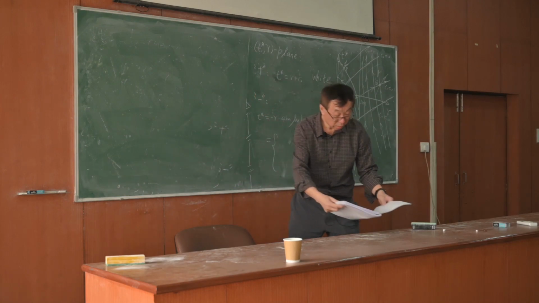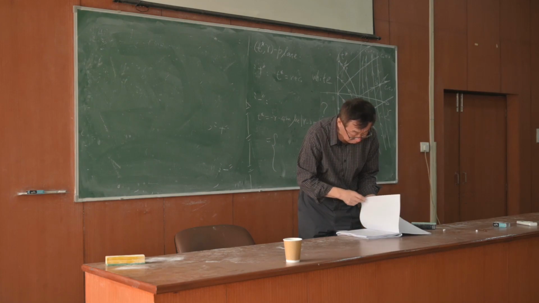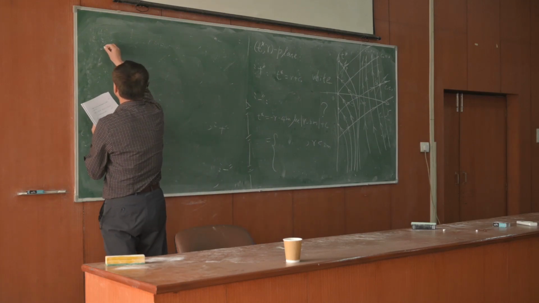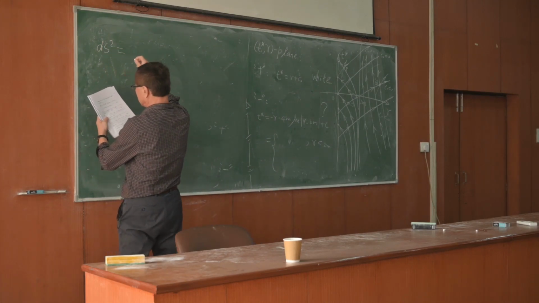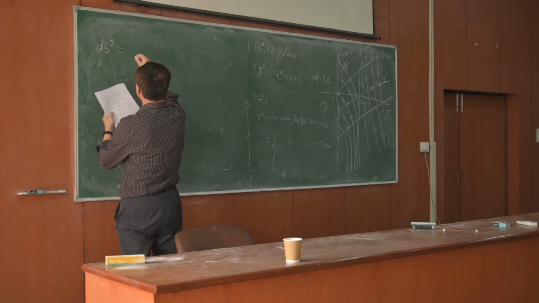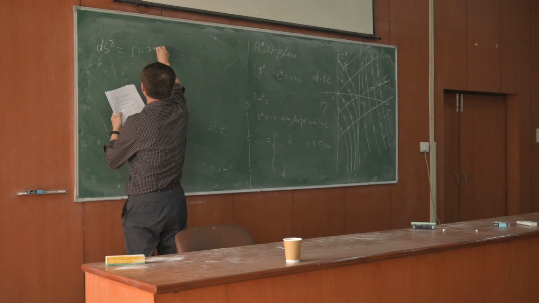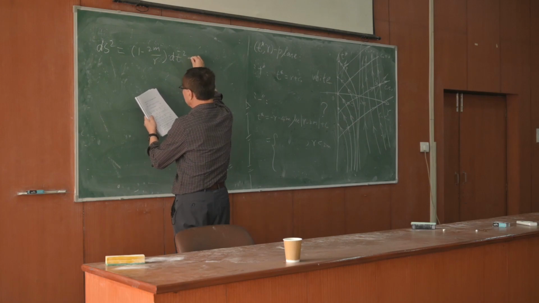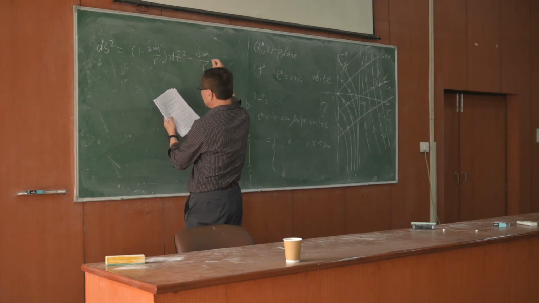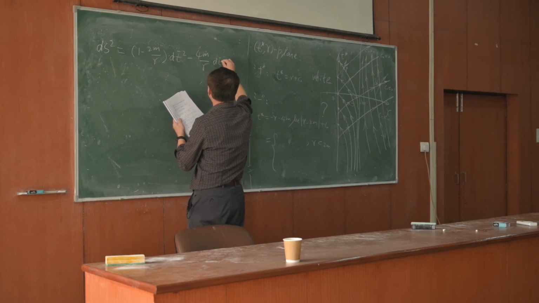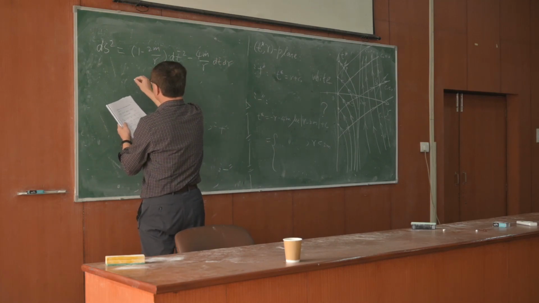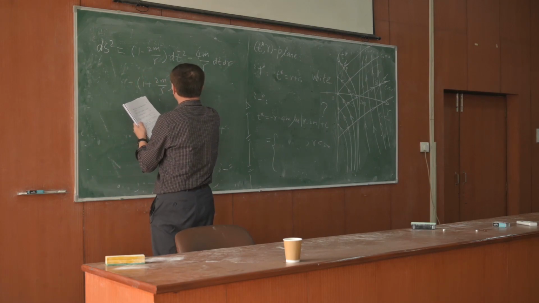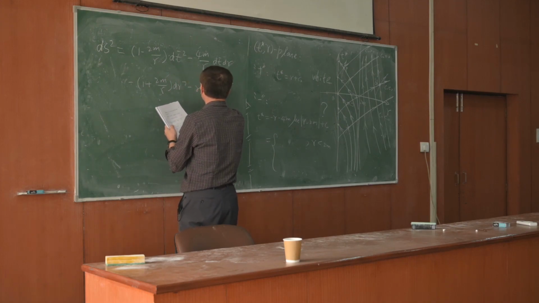So let's consider ds squared equals (1 minus 2m/r) d t bar squared minus (4m/r) d t bar dr minus (1 plus 2m/r) dr squared minus r squared d omega squared.